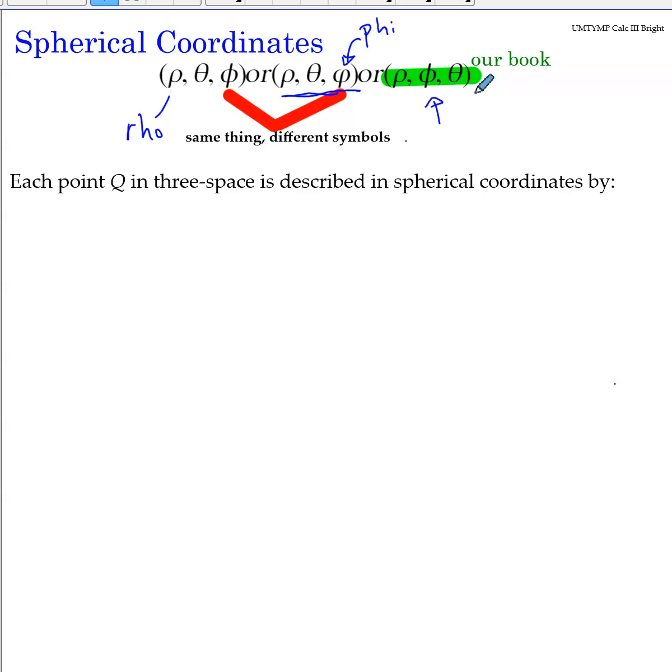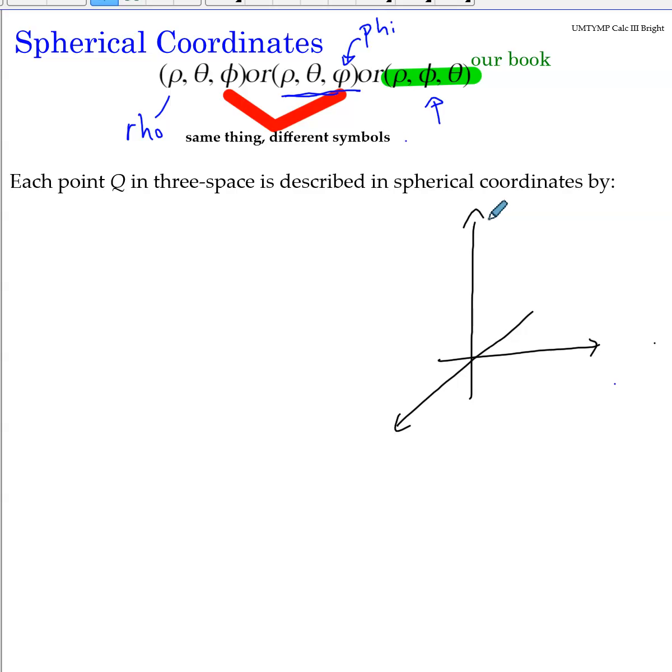What does this mean? Well, first of all, we're working in 3 dimensions. So let's get a 3-dimensional sketch going on. Now let's describe what rho is first.